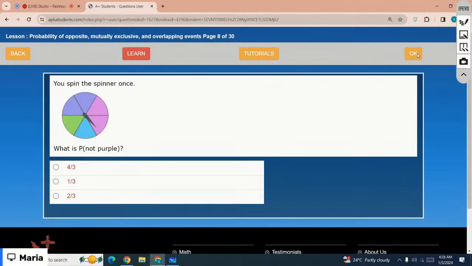The correct option is 2 over 3 it is. Very good.